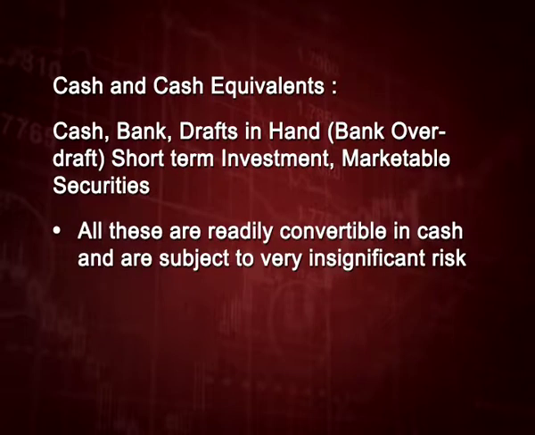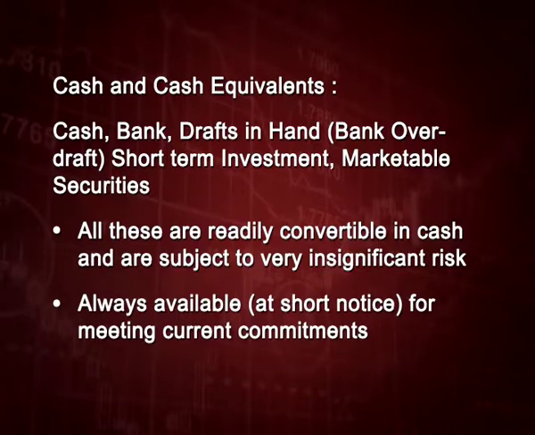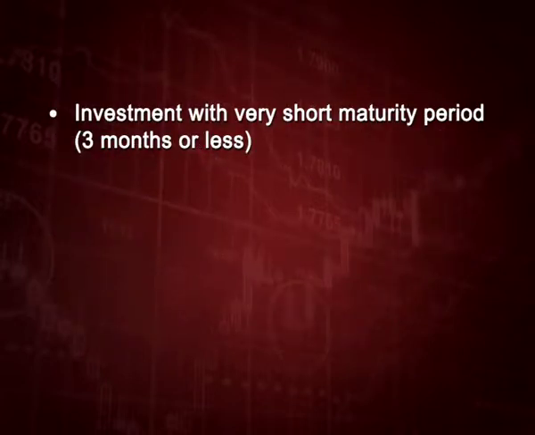Now, all these are readily convertible in cash and are subject to very insignificant risk, and they are always available, that is at short notice, for meeting any current commitments. Investment with very short maturity period, that is 3 months or less, are included in this category.